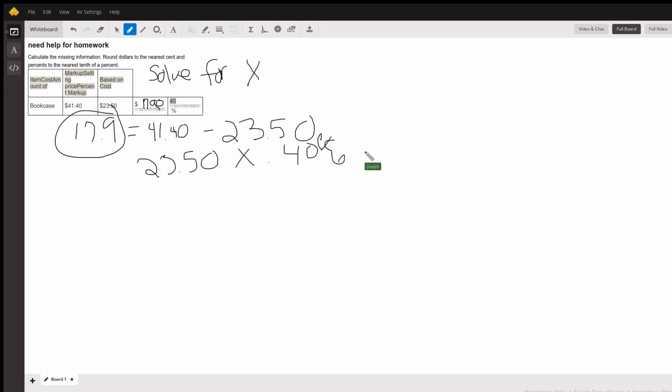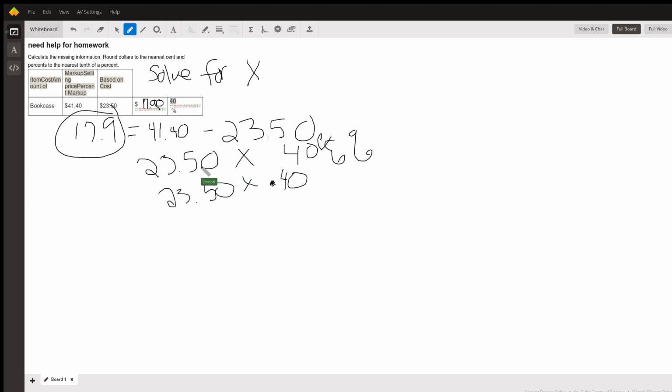But that's supposed to be a percentage and not this quite yet. 2350 times 40%, but you won't put this in your calculator, right? You're going to put 2350 times 0.40. Why?